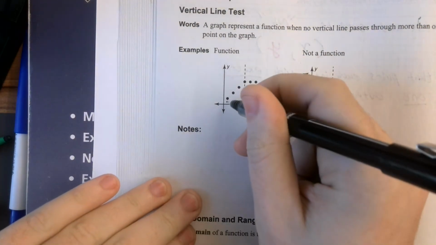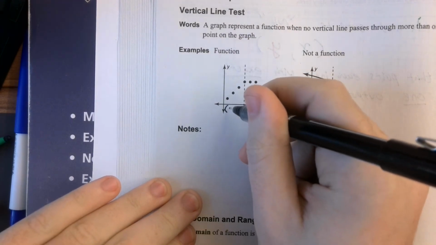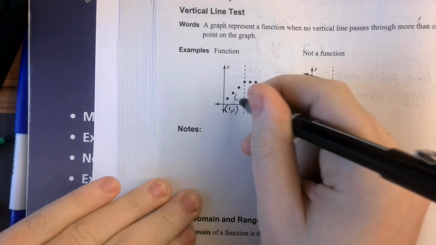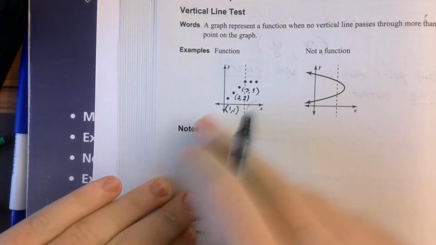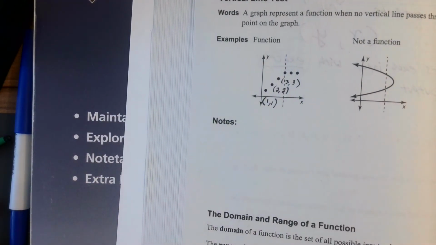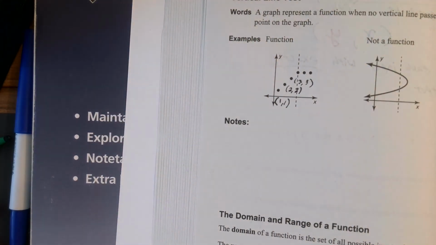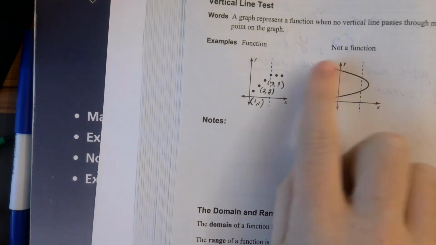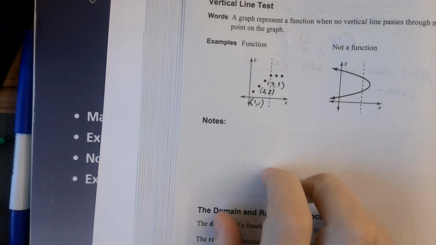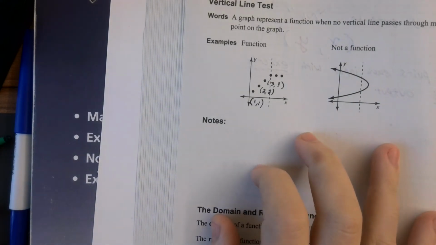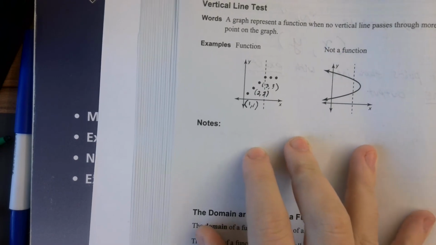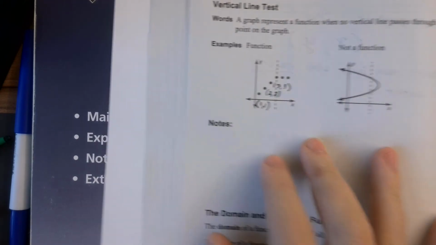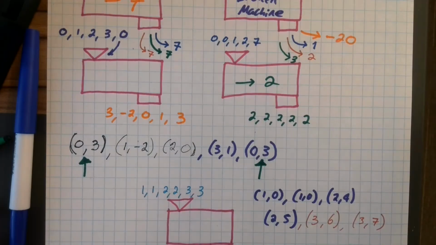In other words, we could write out this first dot as being maybe 1, 1, and this next one is 2, 2, 3, 3. And we could keep going, writing out all of those points. But that would be a little bit of a pain, and it gets harder when you have lines and curves. The way you can tell if a graph represents a function or not is something called the vertical line test. Let me give you a brief example.